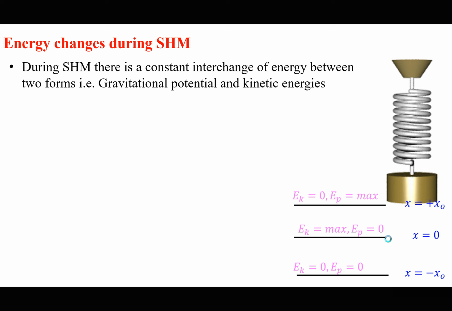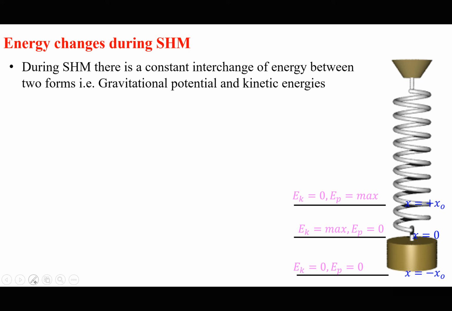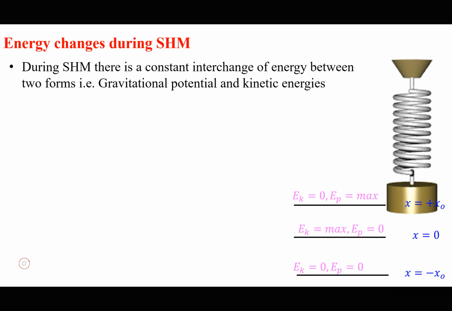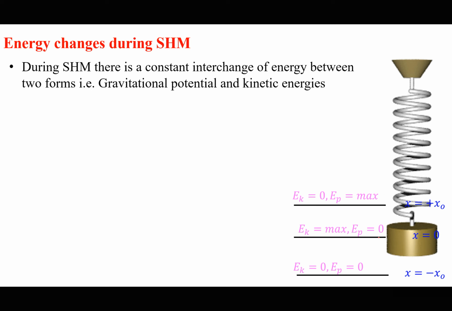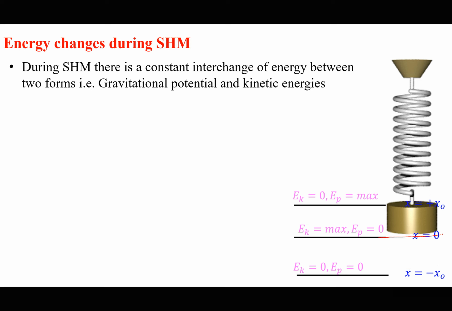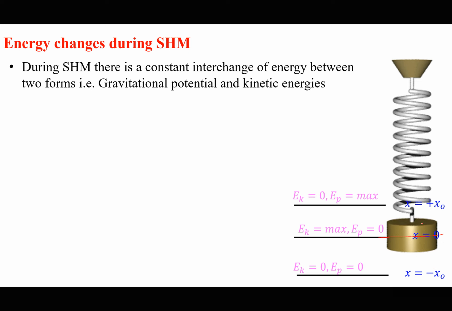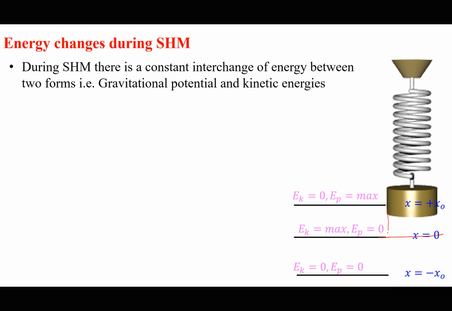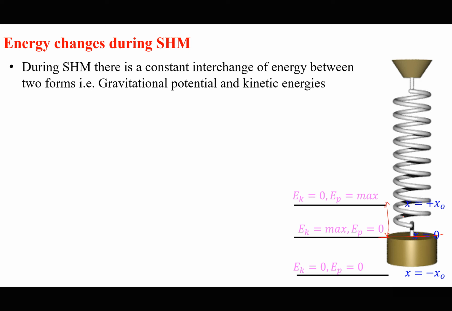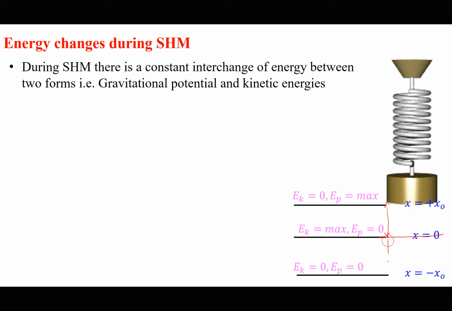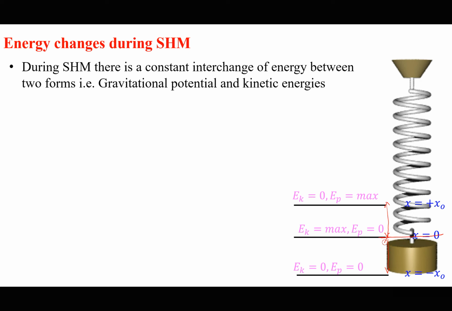So I'm going to consider this point here as the reference point, where we assume that the mass raises up to a certain point. In other words, the gravitational potential energy increases in one direction, and we can also think of it as increasing in the other direction, maybe.